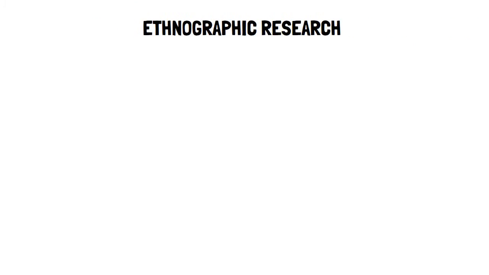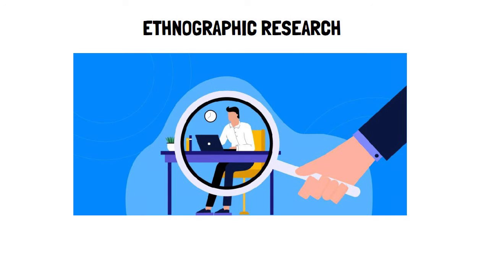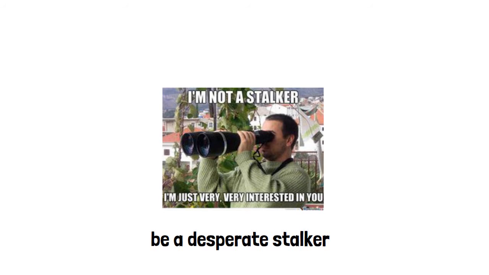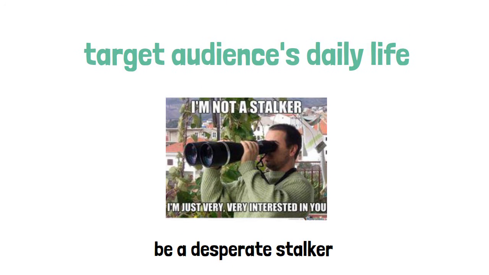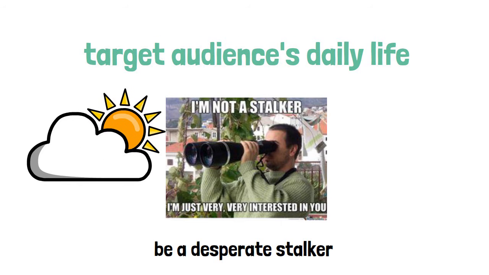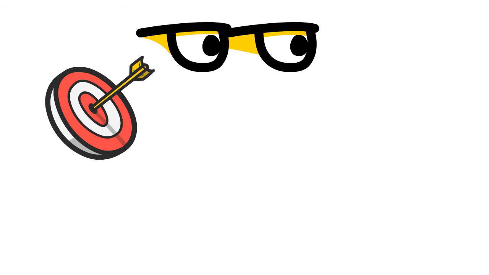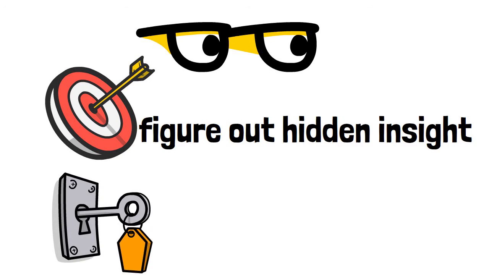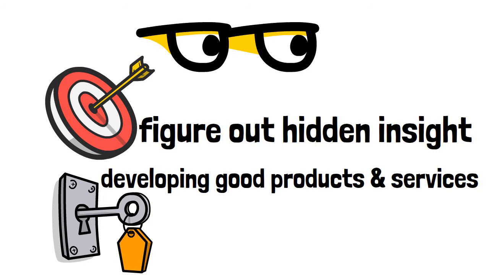Ethnography research is a deep observation of a person or group's daily life. Basically, it means be a desperate stalker. Observe your target audience's daily life from eating breakfast to sleep time. Through observation, the goal is to figure out hidden insights that are the key to developing good products and services.